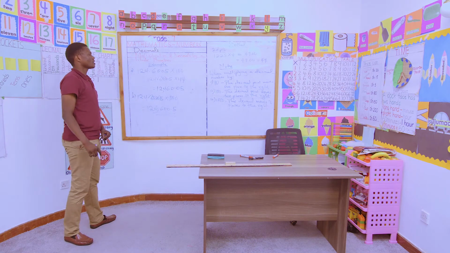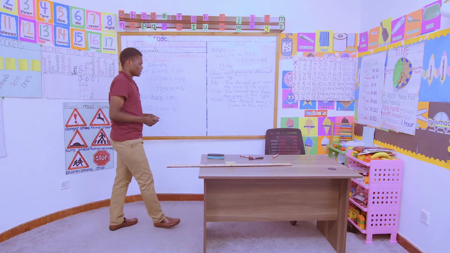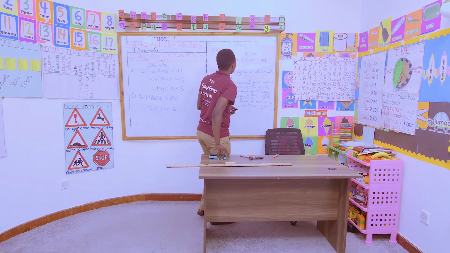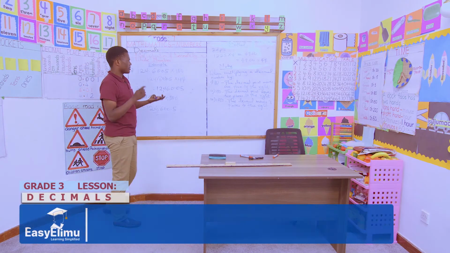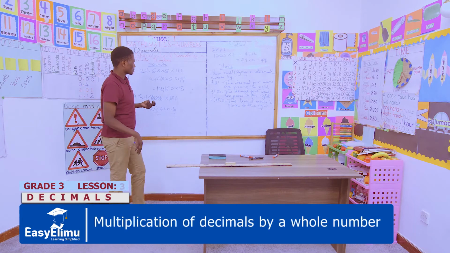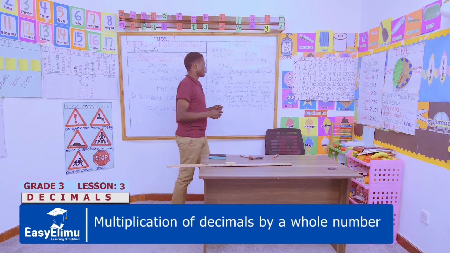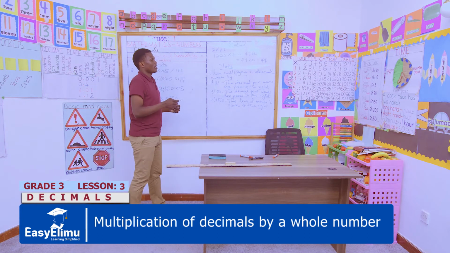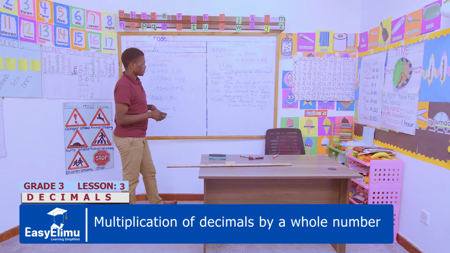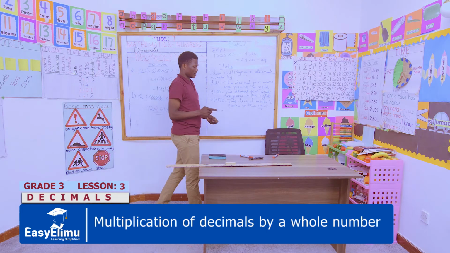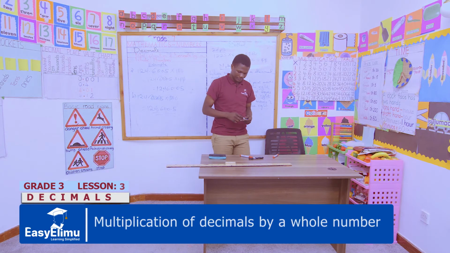So you can see how simple it is. So whenever you have to multiply a decimal number by either 10, 100, thousands, then just know that the decimal point will move the corresponding number of places to the right, depending on whatever you are multiplying the decimal number with.